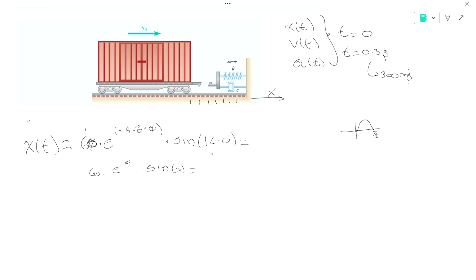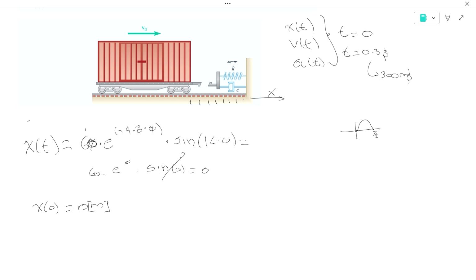Right here this is 0, so this whole thing equals 0. So when t is 0, we have 0 meters, or whatever unit we're using.